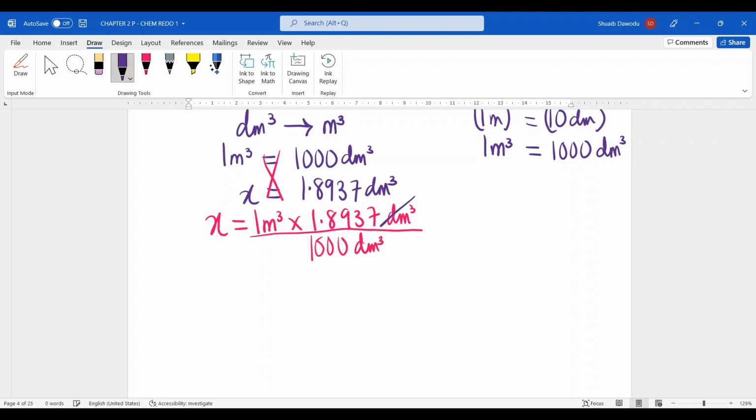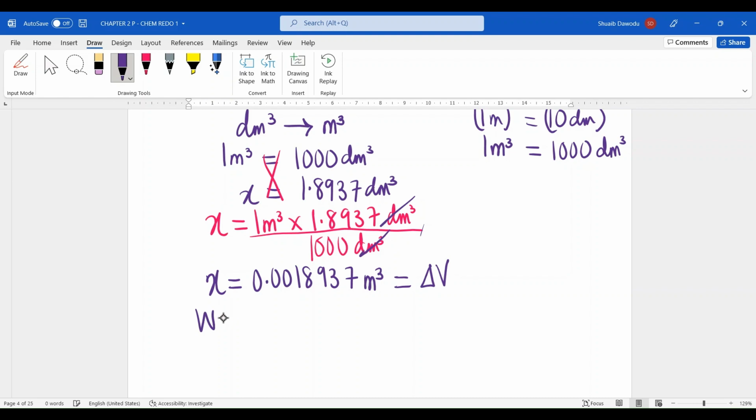So you cancel out decimeter cube, and X is equal to 1.8937 divided by 1000, which is 0.001893 meter cube. So this is the value for change in V in meter cube.